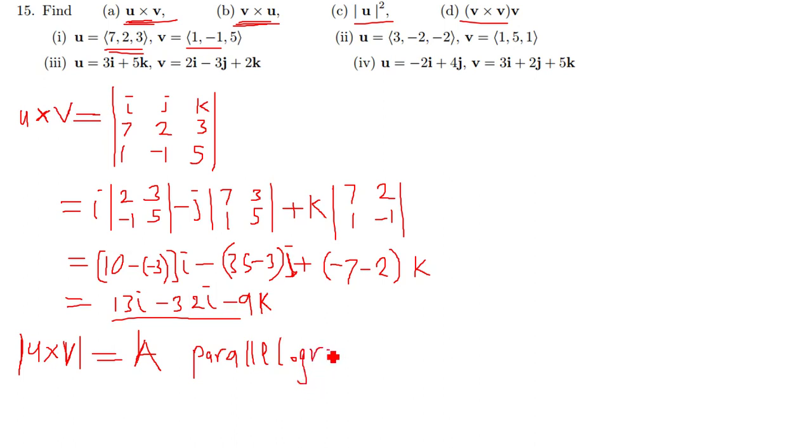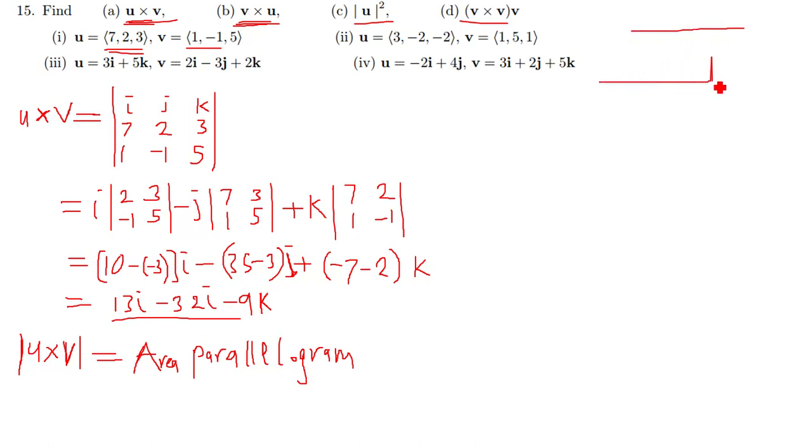So area of a parallelogram is just found by u cross v. So u cross v gives you the area of a parallelogram. Now, a parallelogram is just a polygon with two parallel sides.